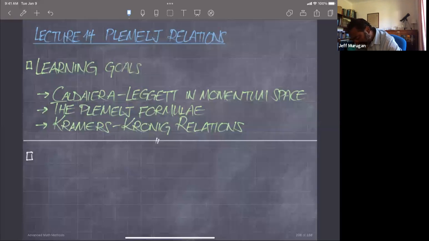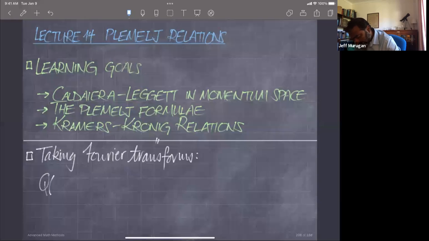So taking Fourier transforms, we can write Q of t as the integral from minus infinity to infinity of Q of omega.